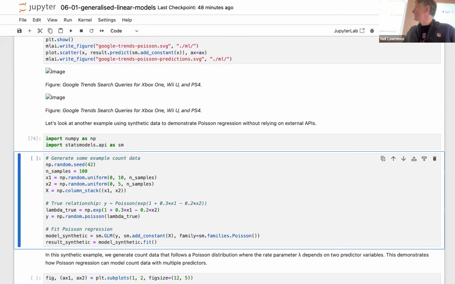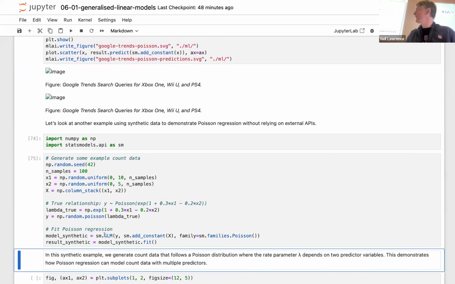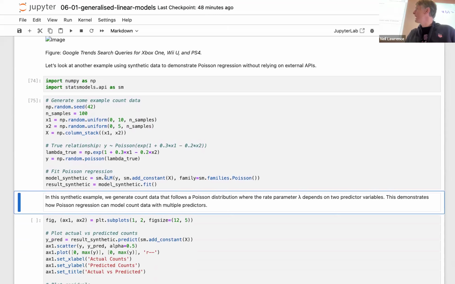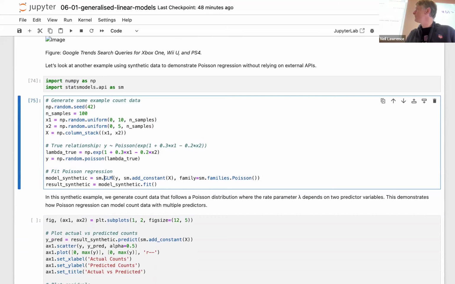So we're just going to generate some counts and then fit the counts with a GLM. But now we're doing it explicitly. Before we were using logit or OLS, but here notice we're specifying the Poisson family in that way. So we're going to do a fit, and it's done the fit for us. Again, this fit is being done numerically.